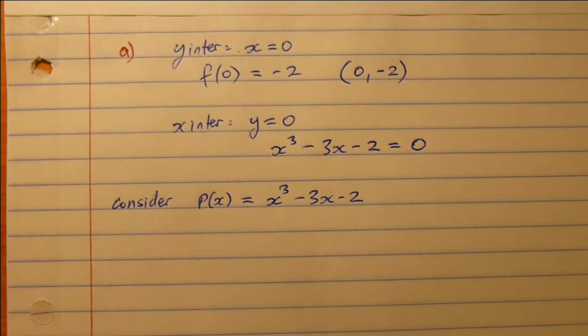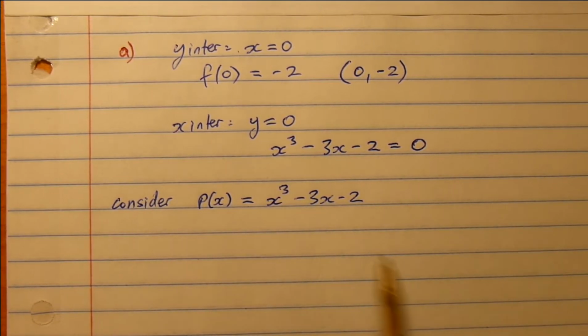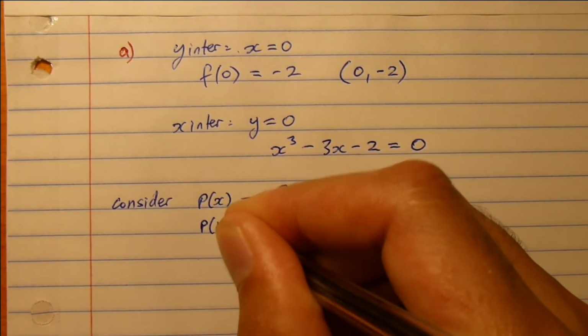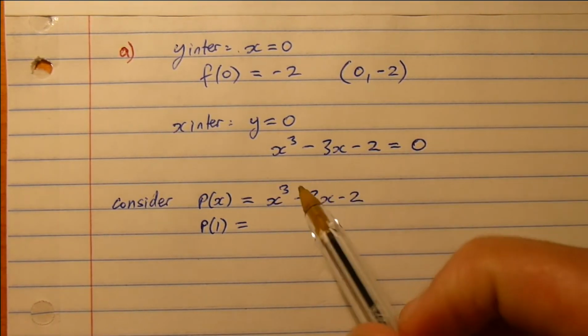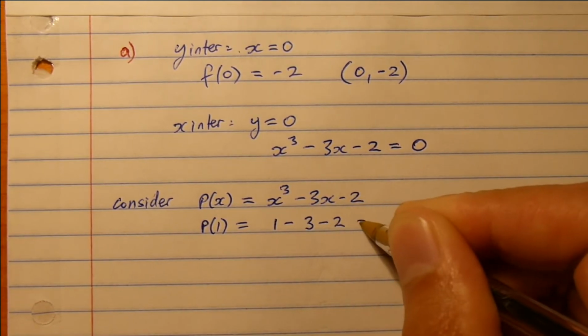Now, I want to test this polynomial and find a factor. When I sub in a value for x, I should get a 0. So usually I just start off with something easy. So let's try 1. P of 1 is equal to 1 minus 3 minus 2.